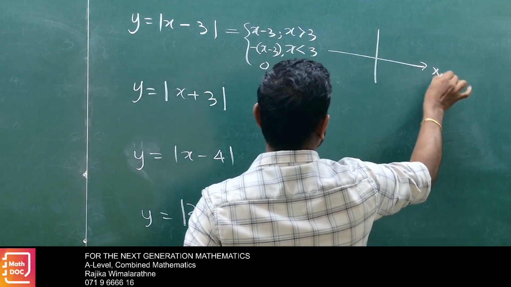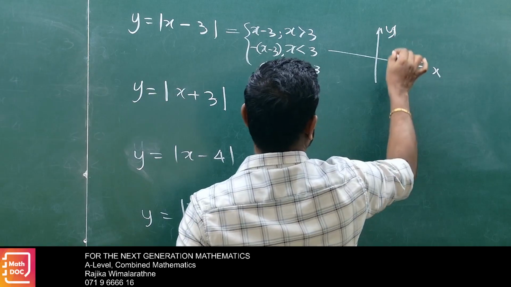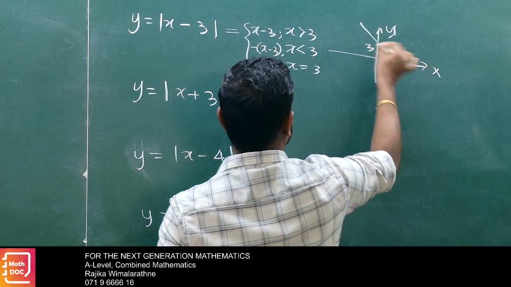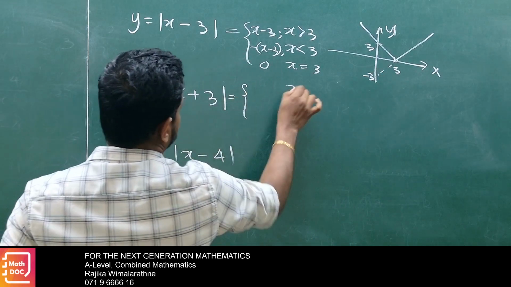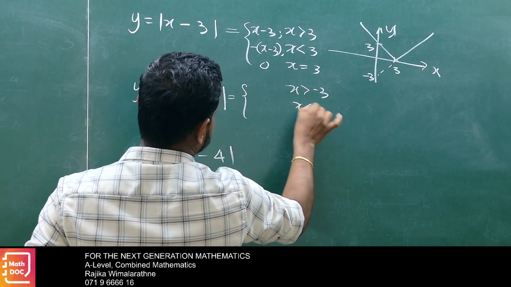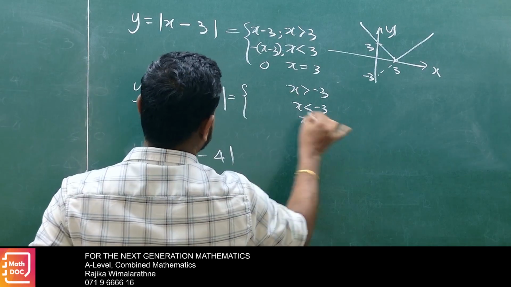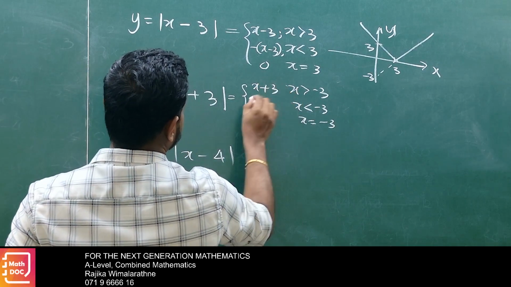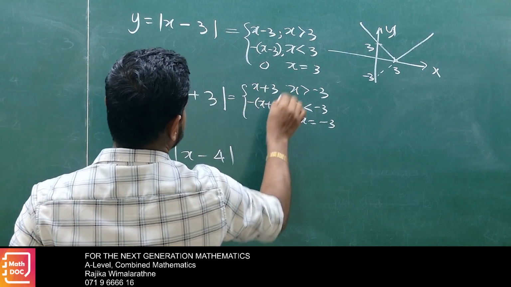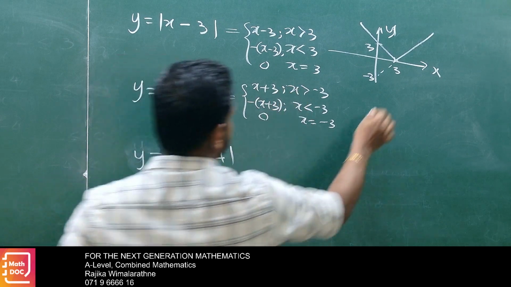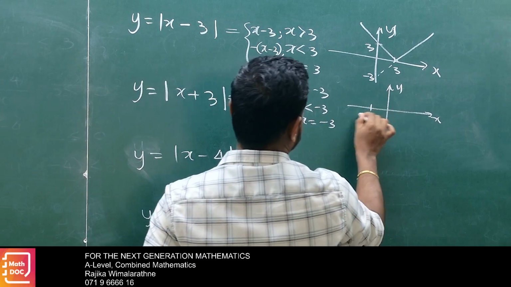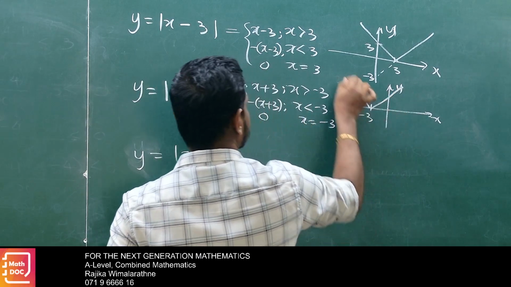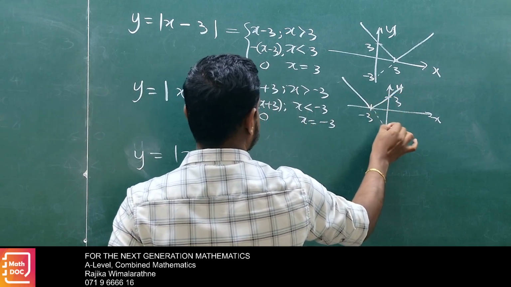Then V-shaped graph, vertex at 3, intercept 3. Then here x greater than minus 3, x less than minus 3, x equal minus 3: x plus 3, minus of x plus 3, 0. Here vertex at minus 3, V shape, here it cuts at 3, minus 3.